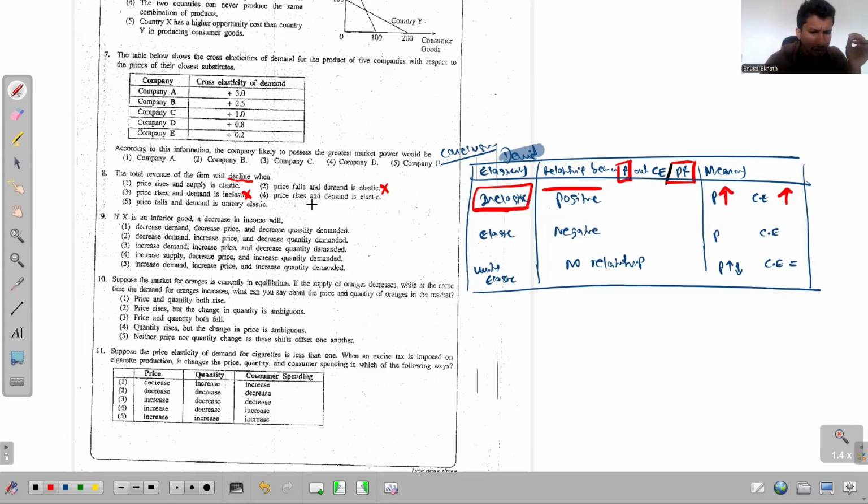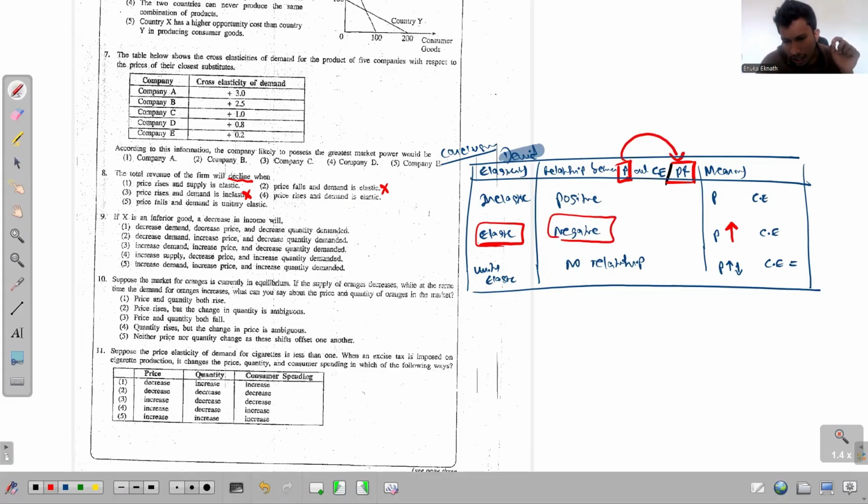The fourth one, price rises and demand is elastic. That's simply the opposite of the previous thing that we discussed. But once again, look at this table. Demand is elastic and price rises. So what is the relationship that exists between price and the producer's revenue? It's a negative relationship.